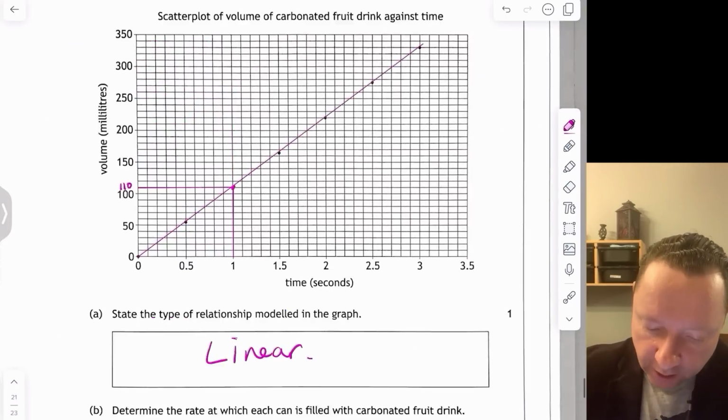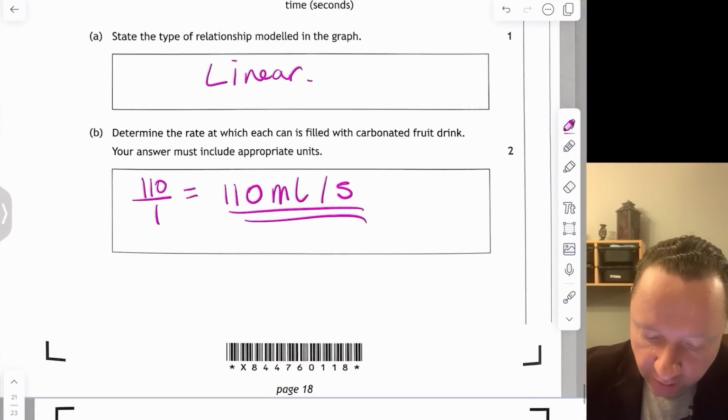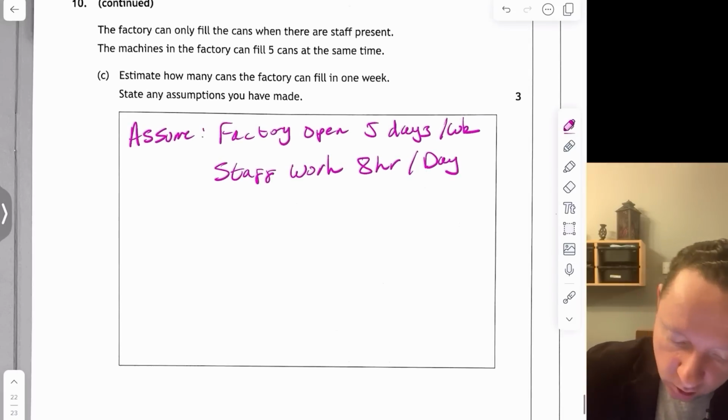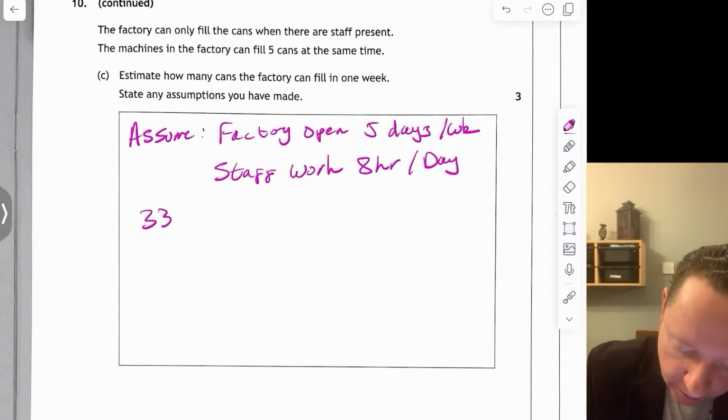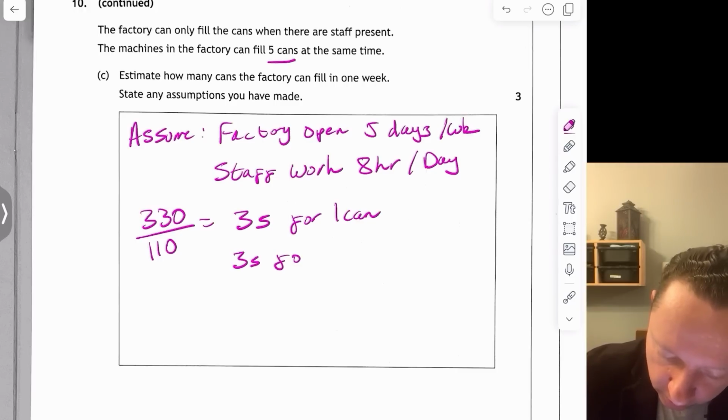Looking at our information, a can is 330 milliliters, and we know the machine for 1 can does 110 milliliters per second. So 330 milliliters at 110 milliliters per second takes 3 seconds for 1 can. But it can do 5 cans at the same time. So it takes 3 seconds for 5 cans.